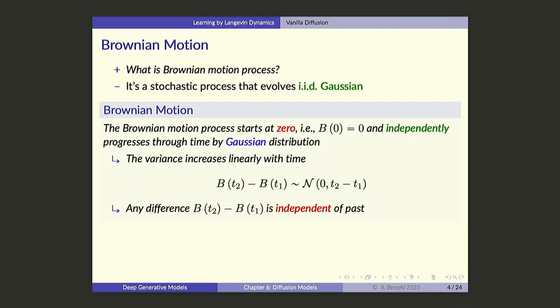Clear? So this is the Brownian motion, which, as I said, you can think of as starting at some point, and then at every single step to the next time, a tiny bit of change in time, you just decide randomly with zero mean and some variance, right?